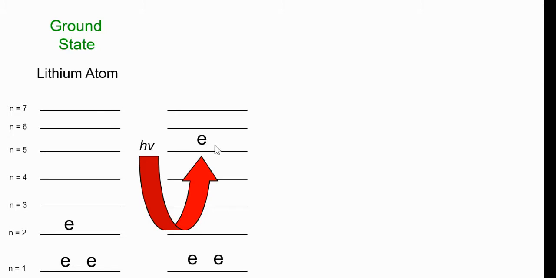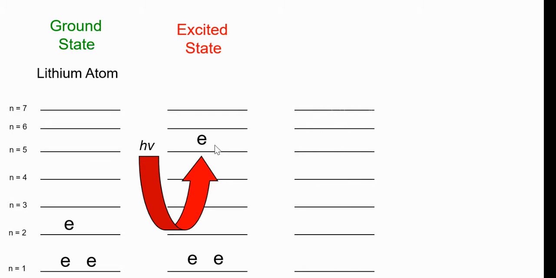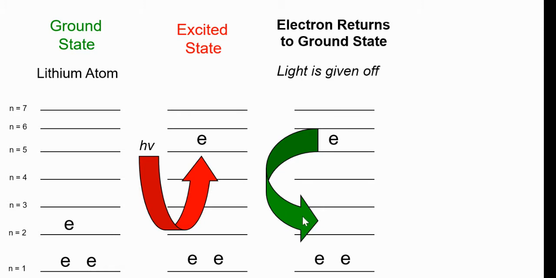And clearly that's out of order, but we call that an excited state, an excited state atom. Now, it can't, of course, stay in the excited state forever, and it ends up falling down. As it falls back to the ground state, it's going to release energy, and it's going to release energy in the form of light. That's why you see light. Electrons get excited, they lose their excitement, and they fall back down.